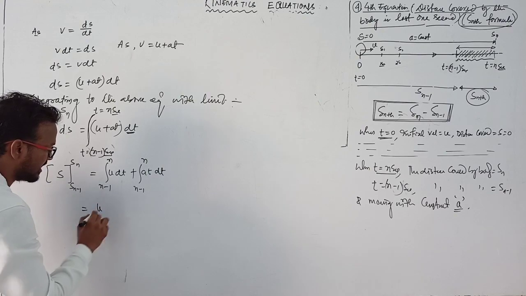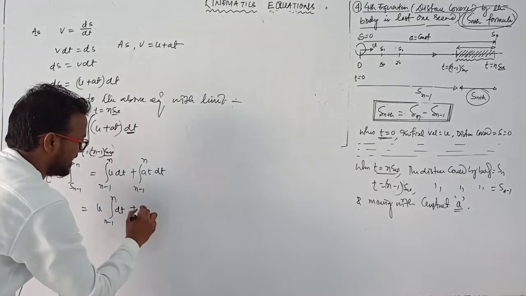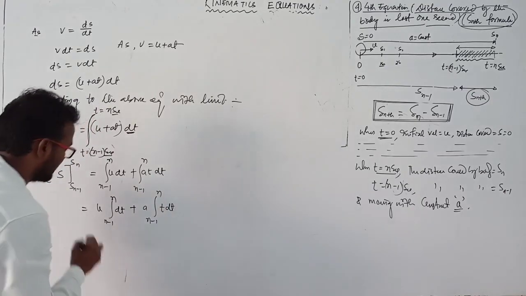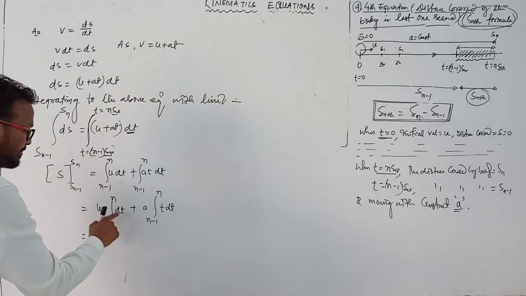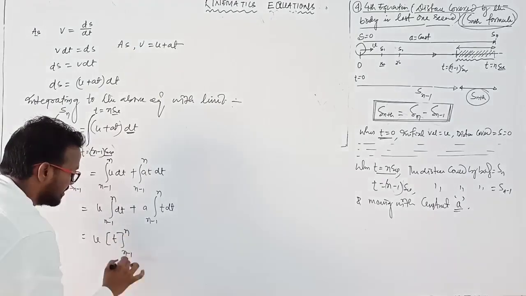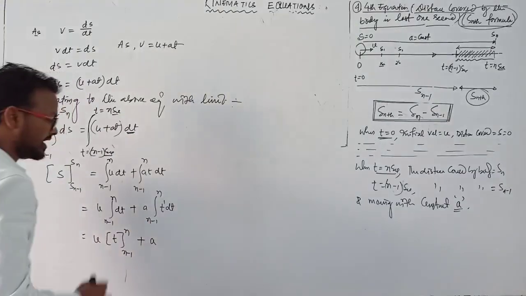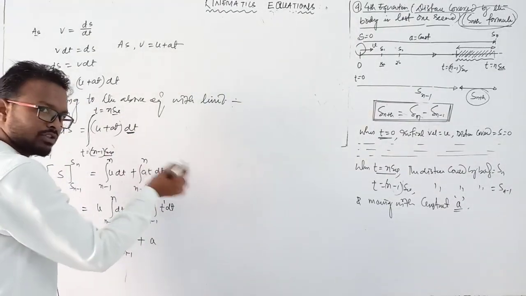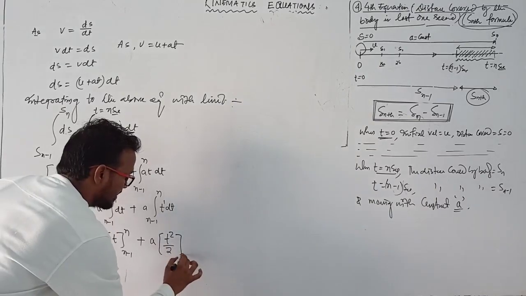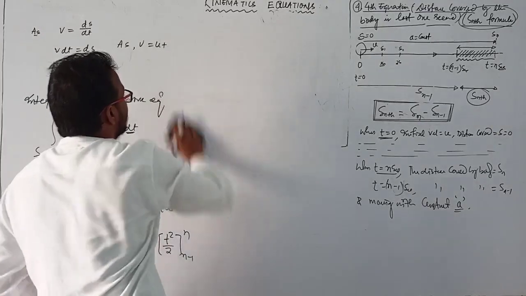Here u is a constant quantity, so we can write u times the integration of dt, which is t, from n minus 1 to n, plus a, a constant, times the integration of t, which is t square by 2, from n minus 1 to n. Clear?